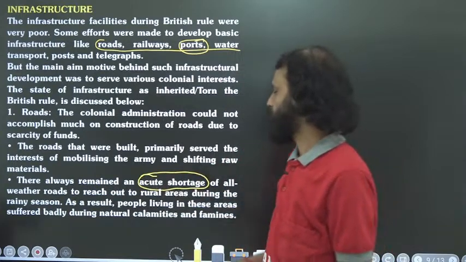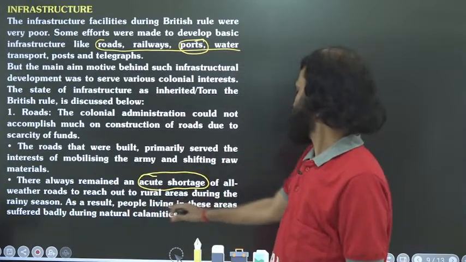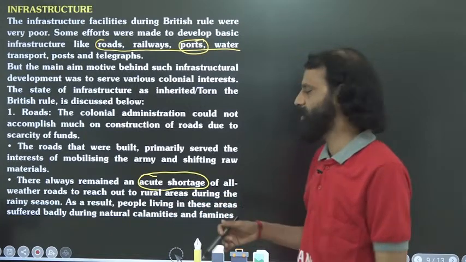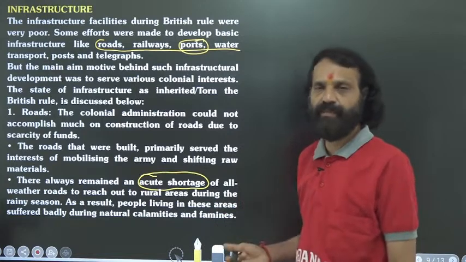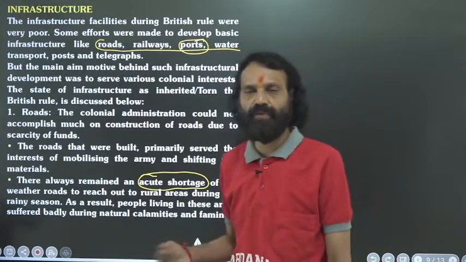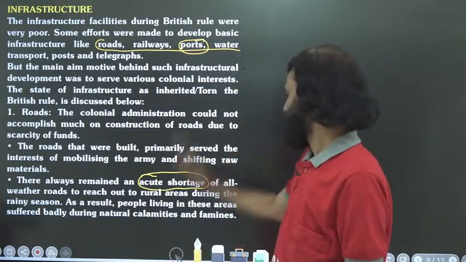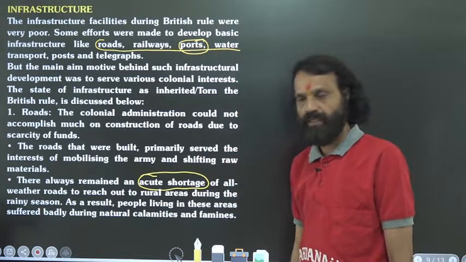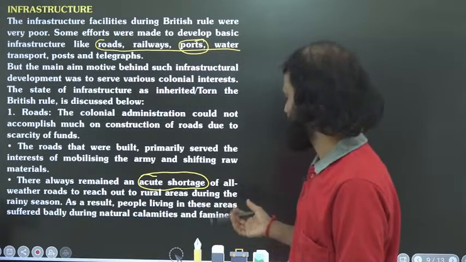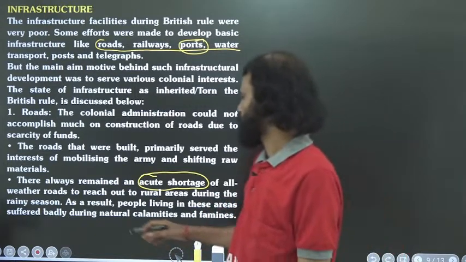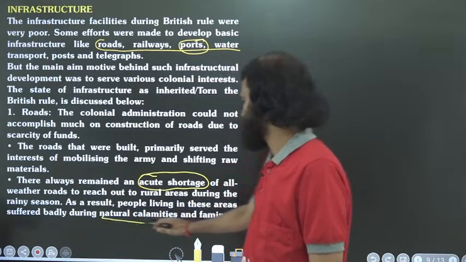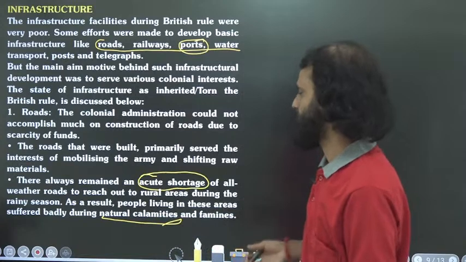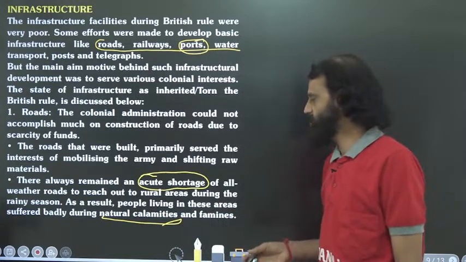There were no good roads. As a result, people living in these areas suffered badly during natural calamities and famines. What happened? Often Indian villages experienced famines and natural calamities like earthquakes, droughts, floods, etc. All those are known as natural calamities, catastrophes, and famines that the people experienced.